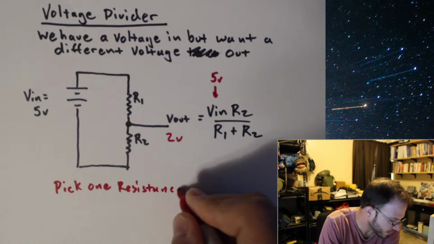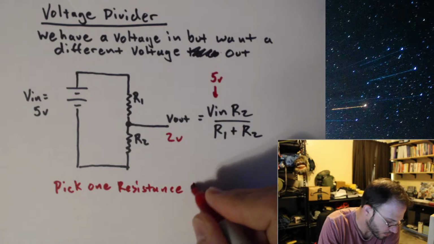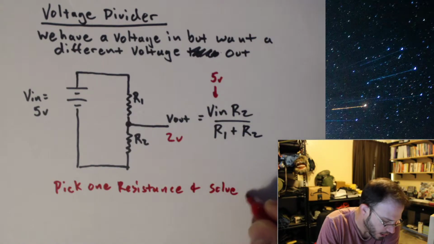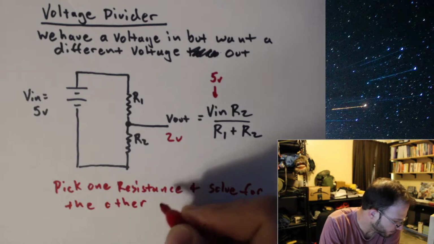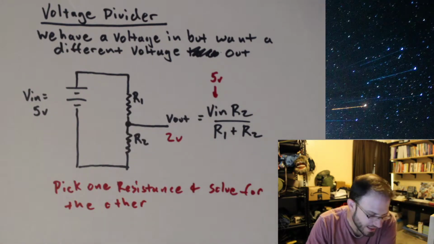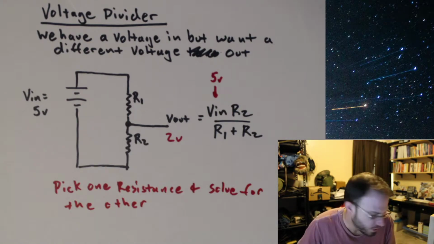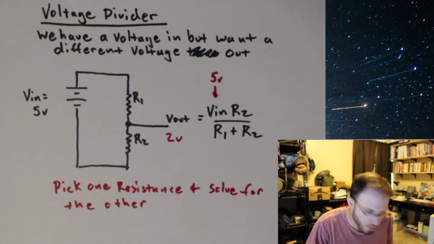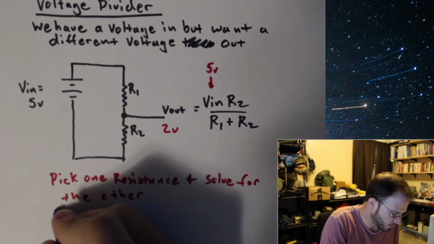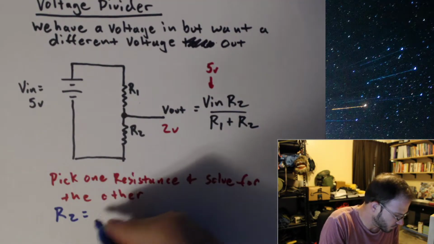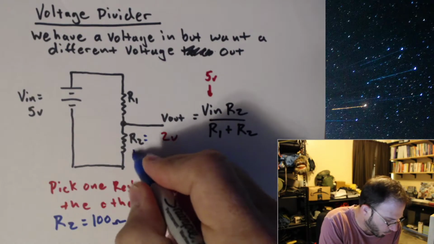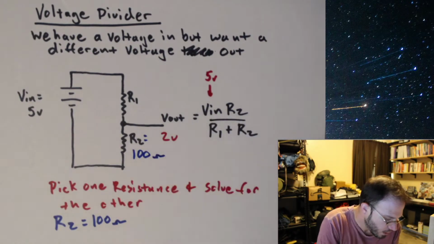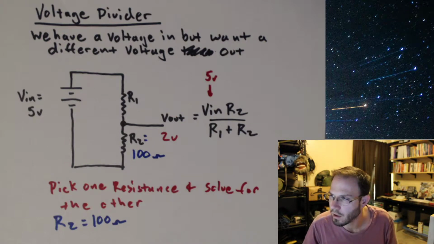one resistance and solve for the other. In this case, I'm going to just pick R2 to be 100 ohms. So if I make R2 now 100 ohms, we just have an equation to solve for R1.